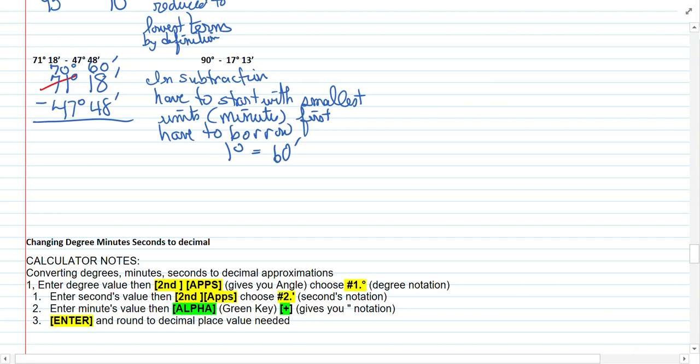So when I do that, I'm going to get 70 degrees and 78 minutes minus the 47 degrees, 48 minutes. Now I can subtract 0, 2, 3, sorry. And then I will do 3 here and 2. So this is my difference.